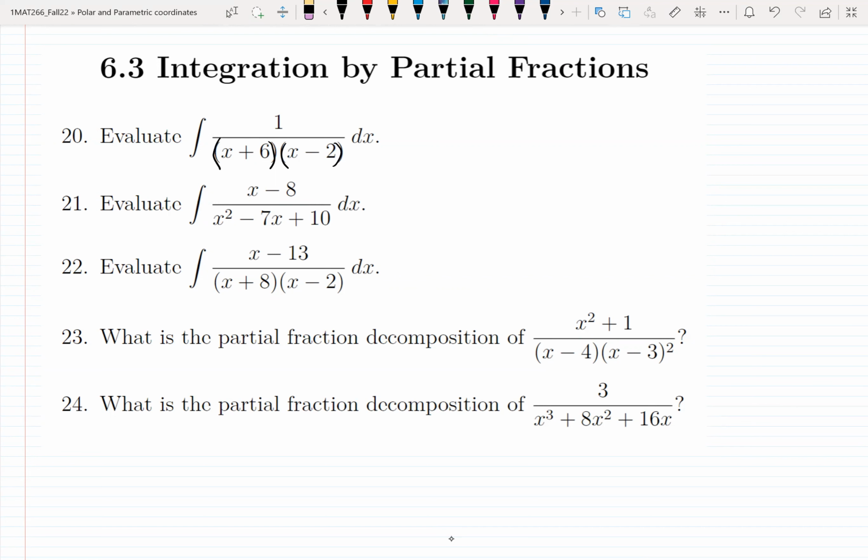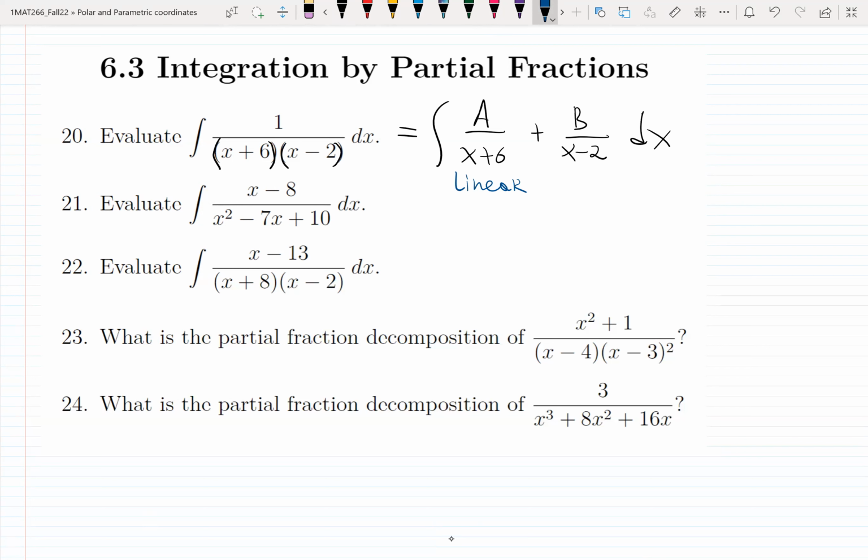If it's just like this and there are no powers, it's going to be an integral. Don't forget it's still an integral: A over x plus 6 plus B over x minus 2 dx. That is because those are linear and not repeated, so you have A and B, one for each. Then you solve, and I will show you in a second how to solve.